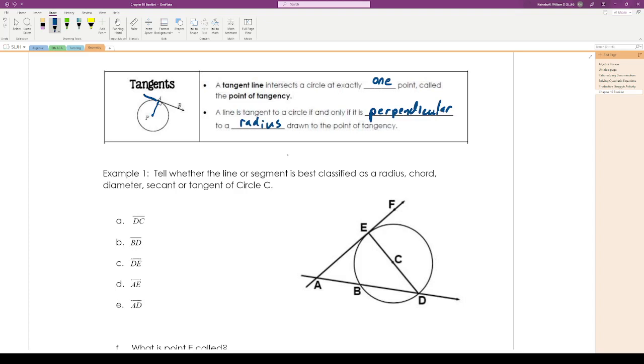So if I go from C to anywhere else on this segment AF, or line AF, ray, I guess, there's one arrow, whatever. If I go from C to anywhere but E, I have to travel a distance equal to the radius plus a little bit more once I get past the circle. No matter what way I go, I have to go a little bit further than the radius.